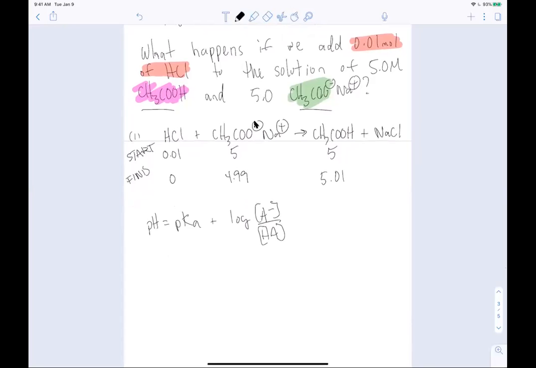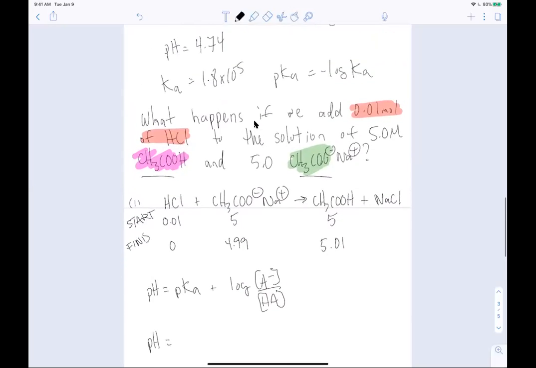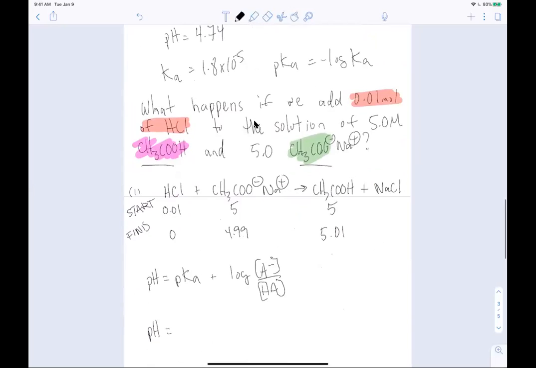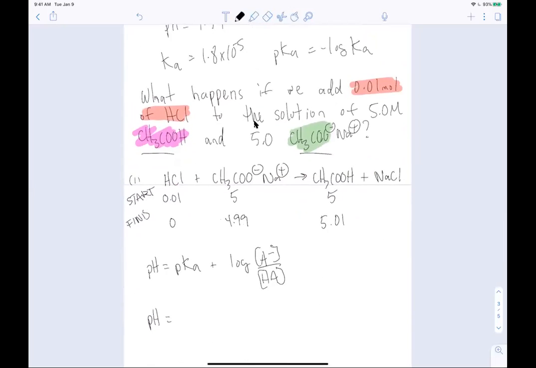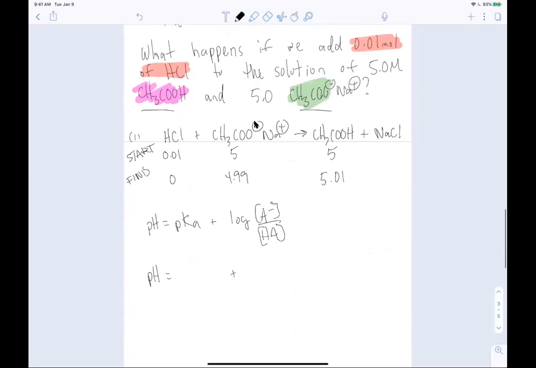So you had log of 1, so that cancels to 0. Here it's almost that. So the pH is going to be equal to the pKa, which is negative log of Ka, which we know from our last problem is 4.74, plus the log of A minus. And so we take this value here and plug it in.